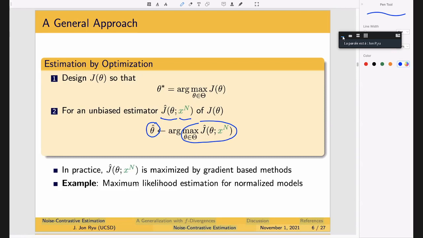For example, maximum likelihood estimation for normalized models can be understood in this framework in the following sense.